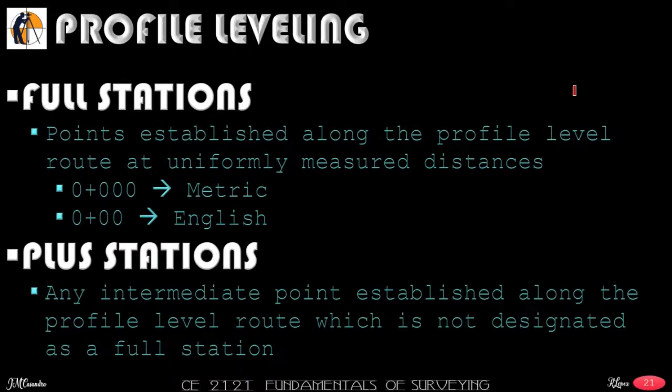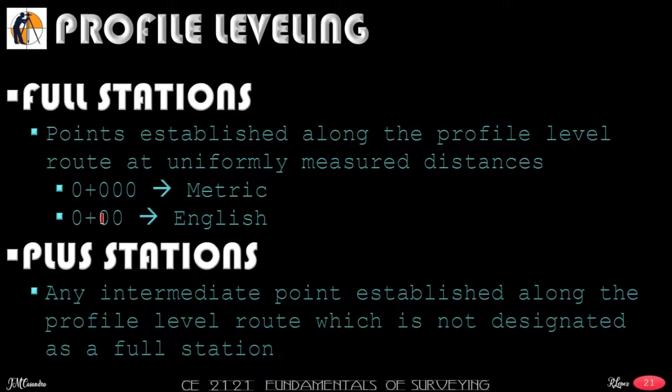Okay, so for a metric system, we will designate our station as 0 plus 000. So we can have it as 0 plus 010, which means it is 10 meters from the 0 mark. So 0 plus 020 means 20 meters away from your starting point. Then we have 0 plus 00, which is your English station.